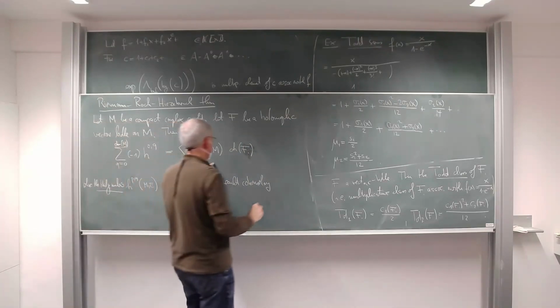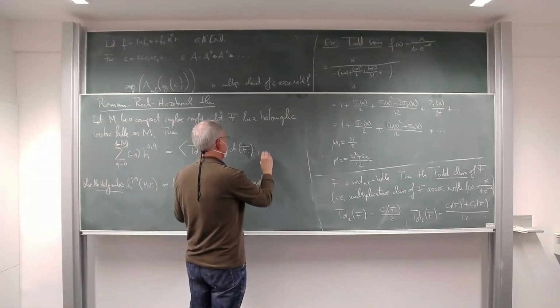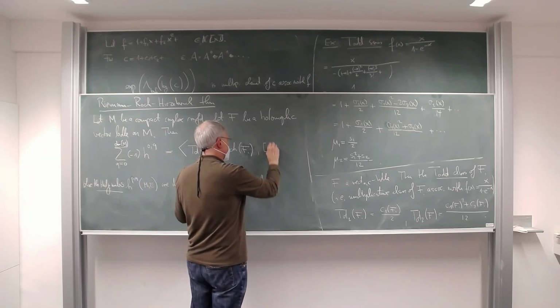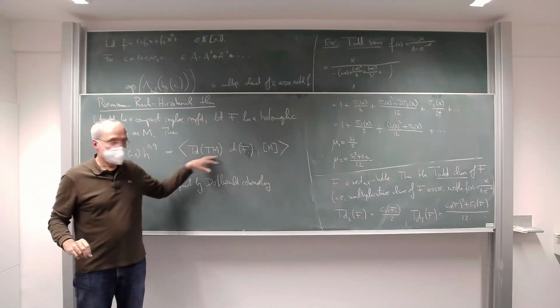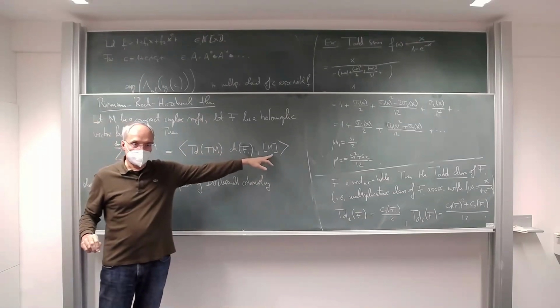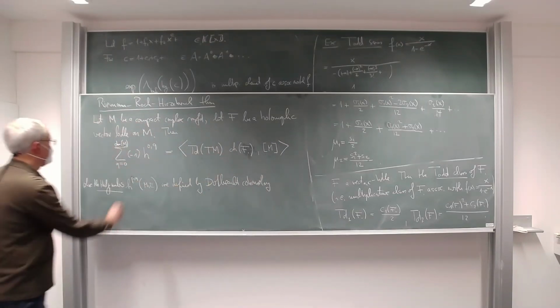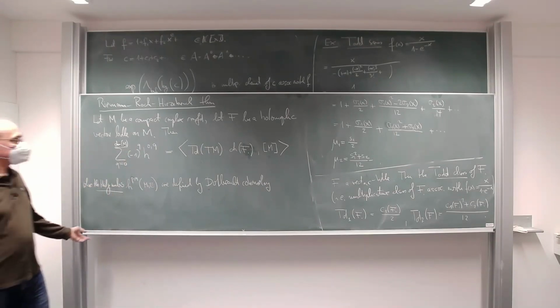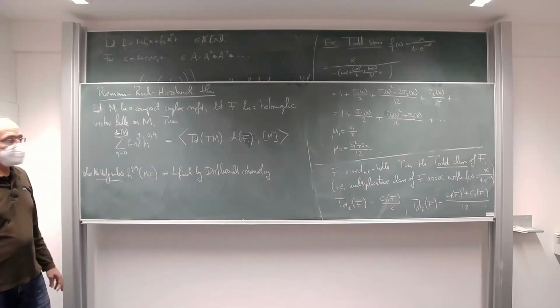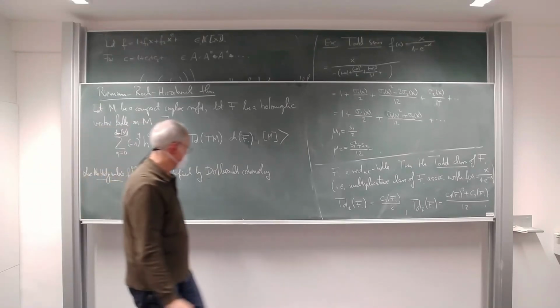And then this gives a cohomology class. And you pair this with the fundamental cycle of M, which means nothing but that you take a representing differential form and integrate it over M. So that's the Riemann-Roch-Hirzebruch theorem.